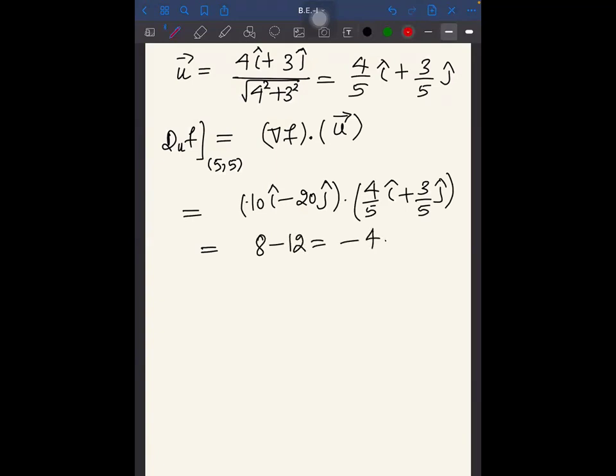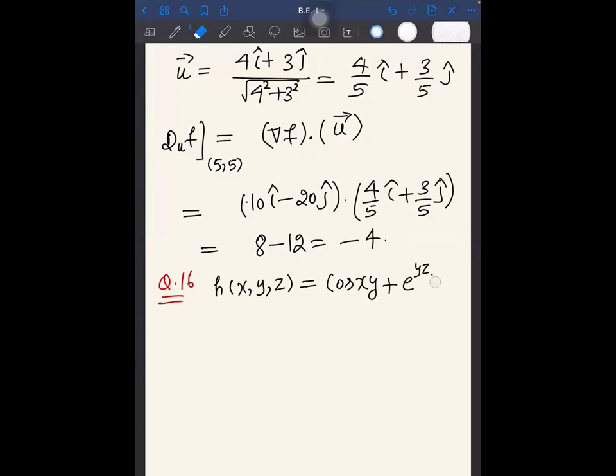Question number 16. Again, we now have 3 variables, so it's a 4D thing. It doesn't matter, we'll extend our ideas in a similar way. e to the power yz plus log of zx. I'll not be able to write it all over here, so let me write it. Plus log of zx.